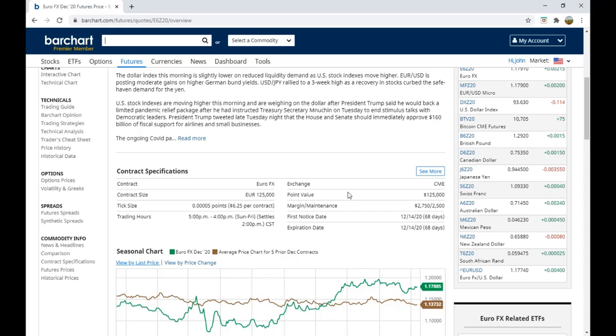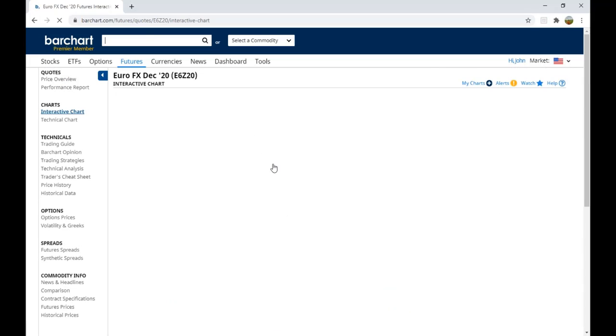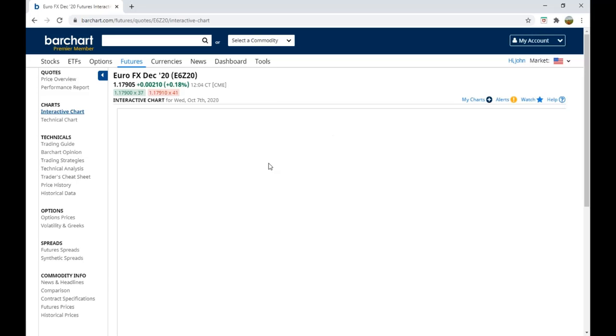And our point value is $125,000. Do that math. That's going to be a little bit more difficult for us to do. So that's the value that we're going to find in this profit and loss tool.